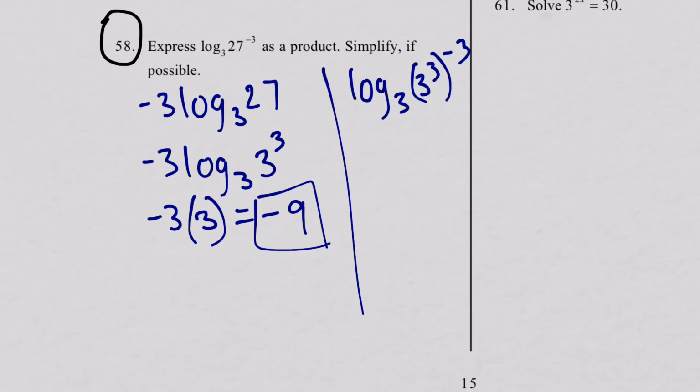Which turns into log base 3 of 3 to the negative 9th power, right? Because you're supposed to multiply this 3 with that negative 3. And then there's your answer again. I bring down the negative 9, bring it to the front. So it's just negative 9 times log base 3 of 3, which cancels, so it's just negative 9. I get the same answer either way.